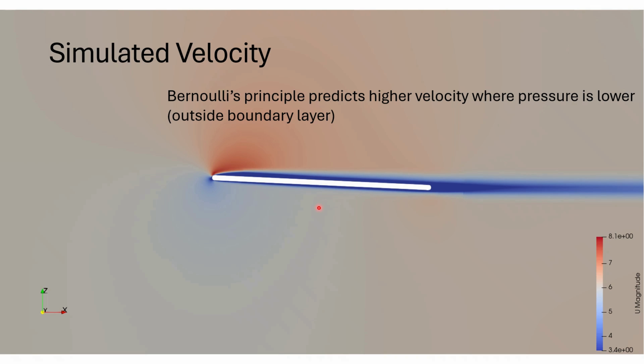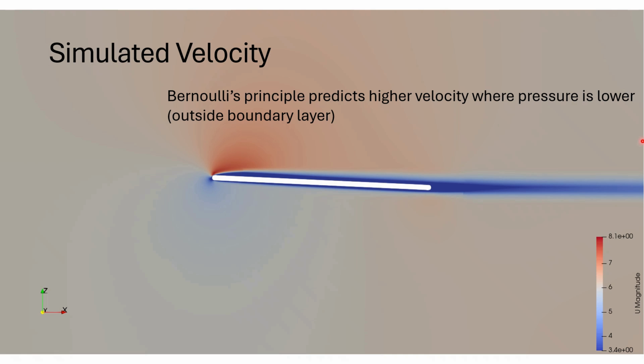Blue is generally slower, so we see this bluish color here. Again, nicely in line with Bernoulli. And we also see a lot of blue along the foil in the boundary layers where the air is slowed down through viscous drag on the foil, and the wake of the airfoil as well is blue.